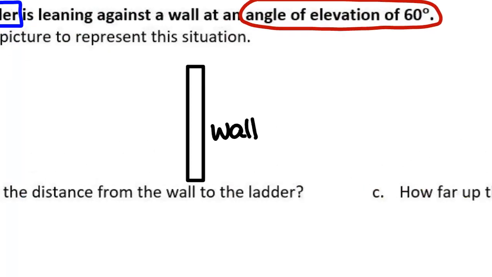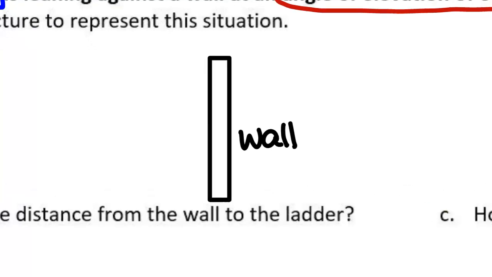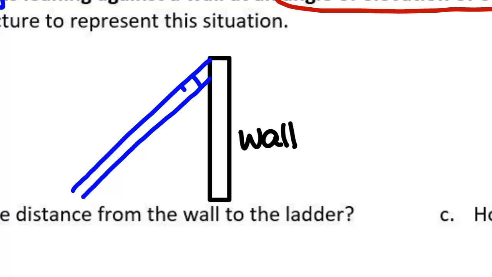Do we know anything about how tall that wall is? Nope. But we do have a ladder that is leaned up against the wall. All right, so there's the ladder.